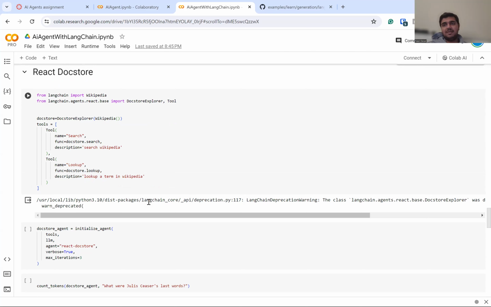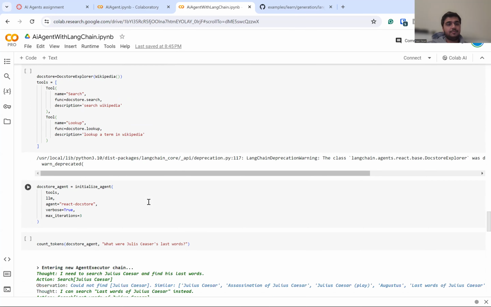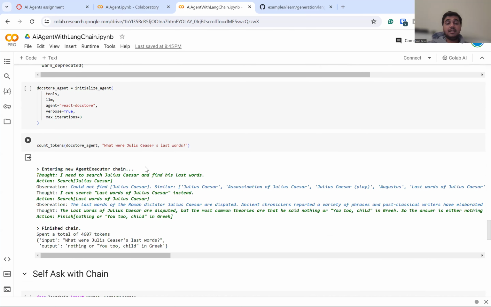Now ReAct docstore. This is the same as the Wikipedia example I showed previously, but instead of us implementing the logic for getting data from Wikipedia, LangChain implements it for us. Basically, let's say, what was Julius Caesar's last word? So the thought is search Julius Caesar. Could not find Julius Caesar, because this is the wrong spelling.